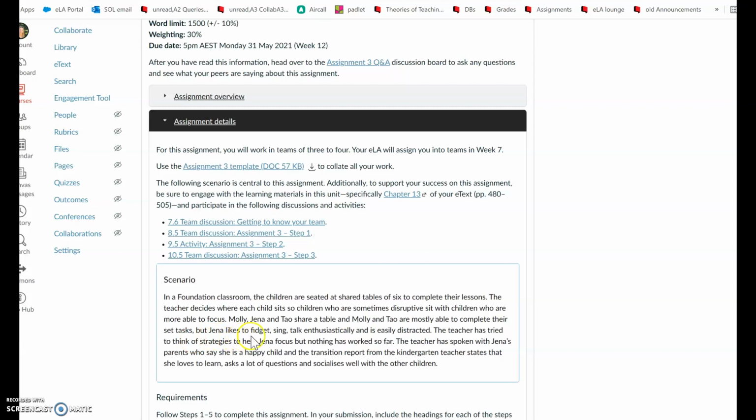But Jenna likes to fidget, sing, talk enthusiastically, and is easily distracted. The teacher has tried to think of strategies to help Jenna focus, but nothing has worked so far. The teacher has spoken with Jenna's parents, who say she is a happy child, and the transition report from the kindergarten teacher states that she loves to learn, asks lots of questions, and socialises well with other children.